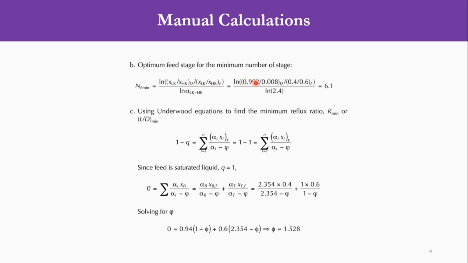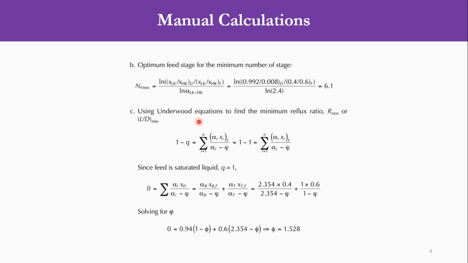So 0.992 divided by 0.008 in distillate, however, divided by x of LK divided by x of HK, which is x of light key in feed, which is 0.4, and heavy key in feed, which is 0.6. 0.4 is for benzene, 0.6 is for toluene, divided by, again, relative volatility. The answer is 6. So at the 6th stage, at least, the minimum feed stage should be 6.